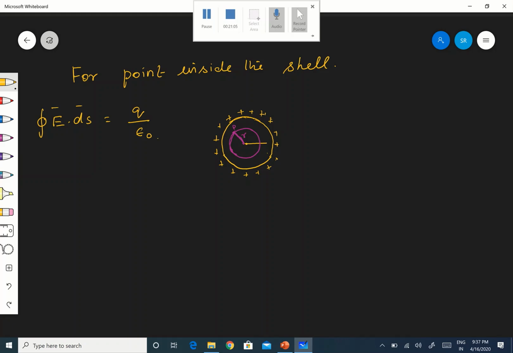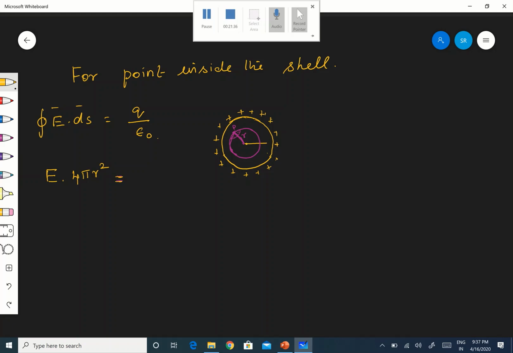Here it is nothing but E into 4 pi r squared, because ds and the electric field are all in the same direction. Therefore, E into 4 pi r squared is equal to the total charge enclosed by the surface, correct?